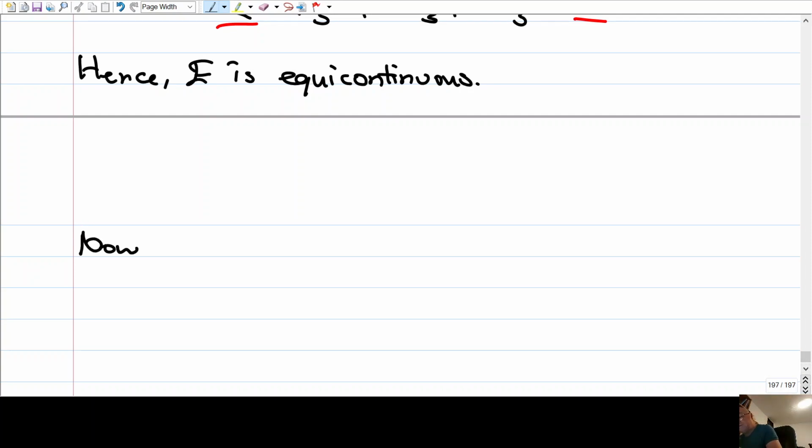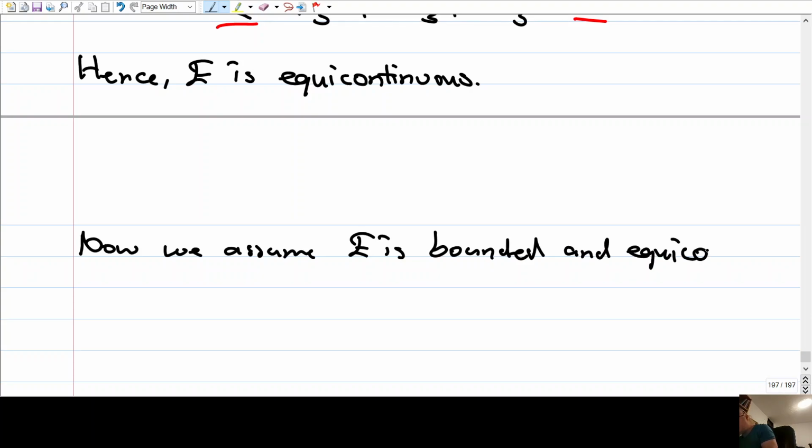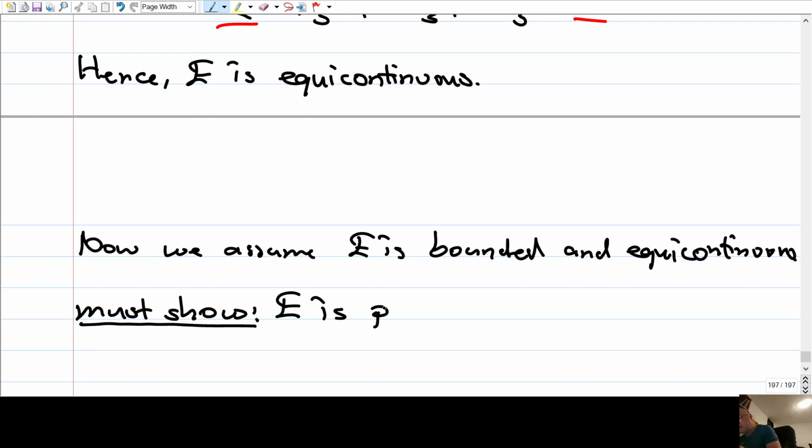Now we assume E is bounded and equicontinuous, and we must show E is pre-compact. All right.